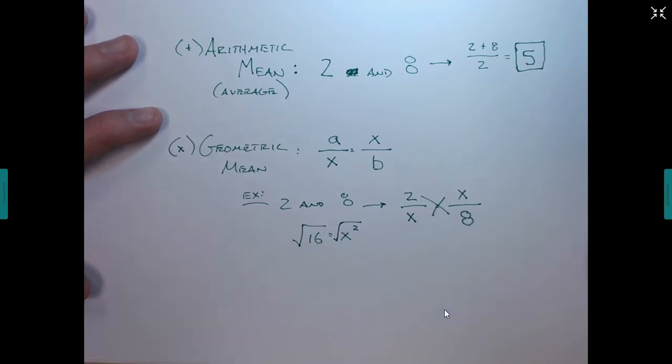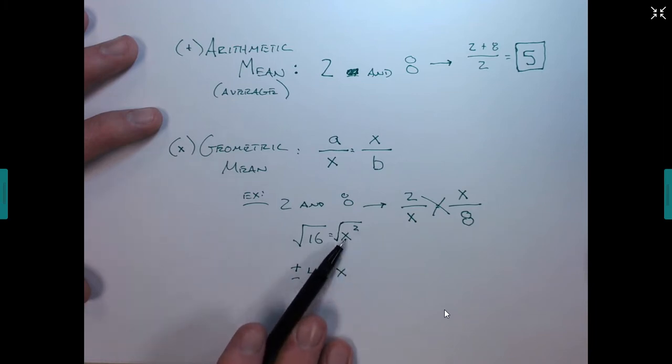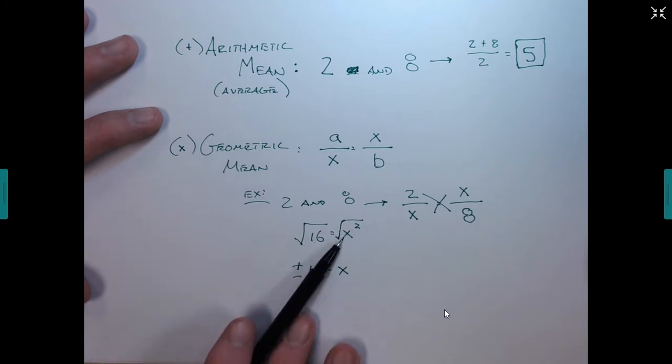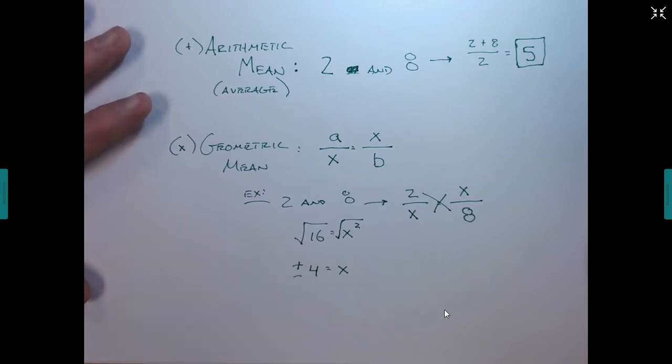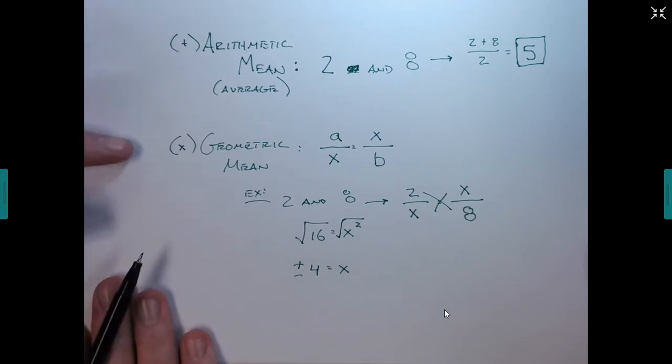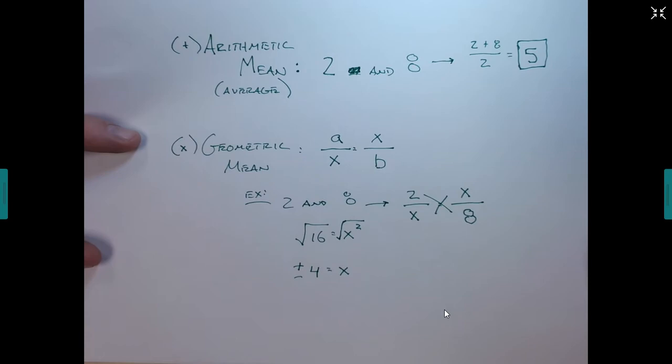Technically, the answer would be either a positive or a negative 4, but here in geometry, we're generally looking at lengths, so we're normally going to look at the positive value, because remember, we're looking at what we can square to get 16. 4 times 4 sure is 16, but so is -4 times -4. This is how we find a geometric mean. Well, that's not so bad. We can generally handle that.